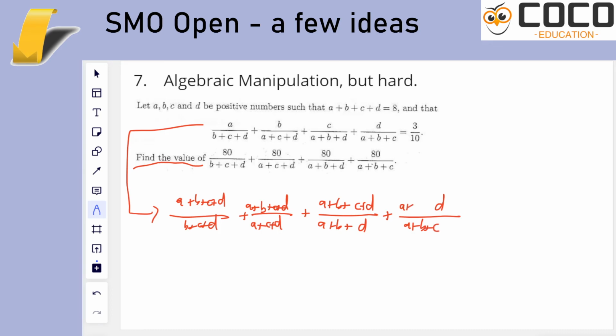Just top it up, and you get 3 over 10 plus 4. Of course, this becomes just all 8. And so your answer is going to be 43.